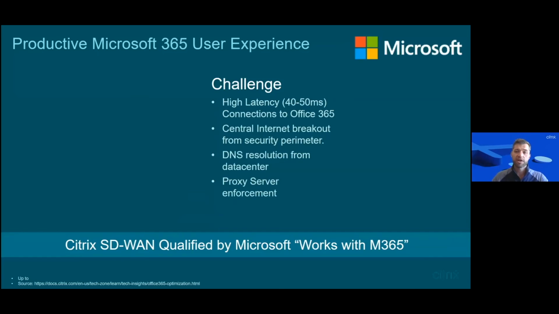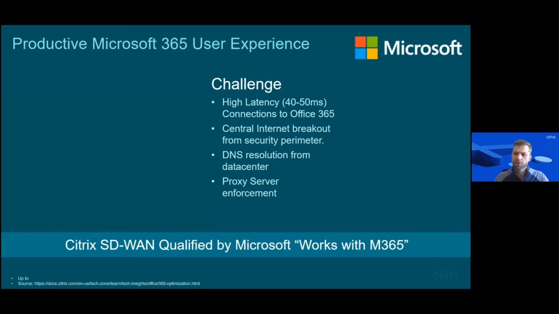A customer of ours experienced this firsthand recently. After migrating to Office 365, users experienced increased latency in working in different cloud products. And this was largely due to a central internet breakout and DNS resolution that had to go via the data center.